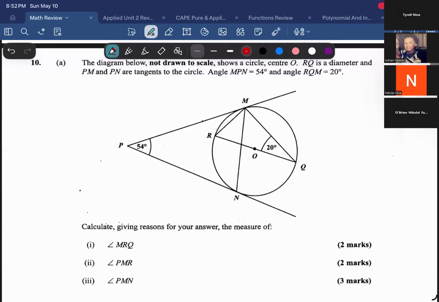So, how I will approach questions like this, right? I will approach questions like this by putting in whatever angles I know for sure are going to be there, even if they didn't ask me for it. So I say, okay, looking at this thing, this is our diameter here. This has to be 90 degrees. Cool.